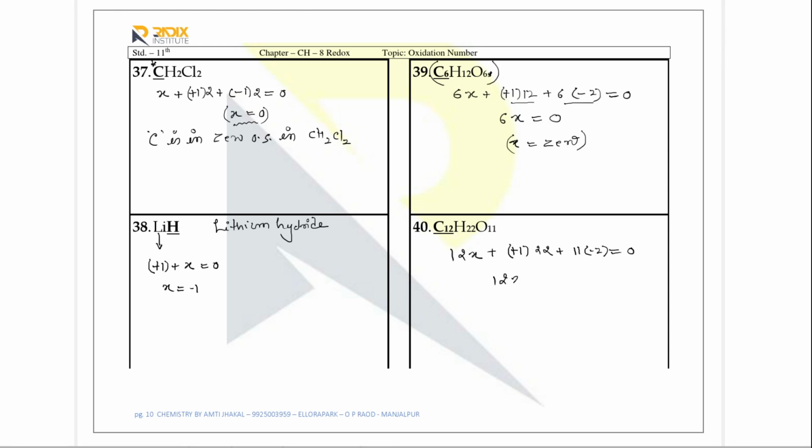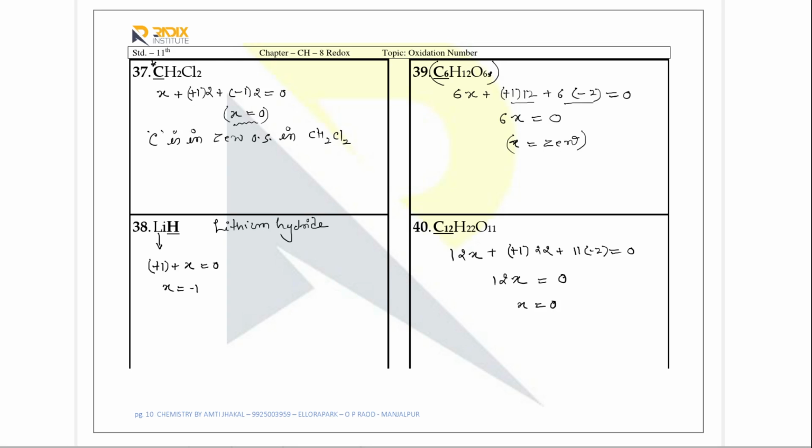So we get 12x is equal to 0. So x is equal to 0. In this compound also, the carbon oxidation state is 0. That means if you break all the bonds in the compound, there will not be any effective loss of electron or any effective gain of electron to that particular carbon.